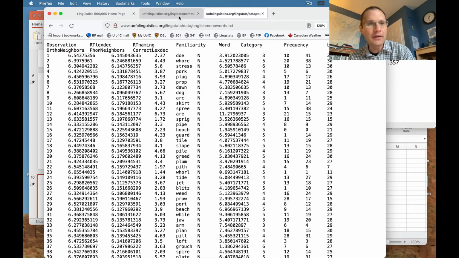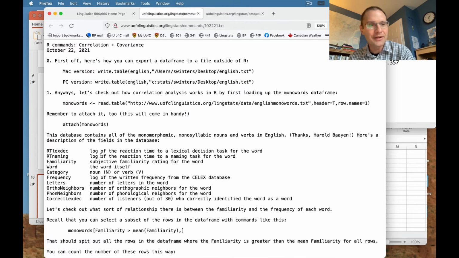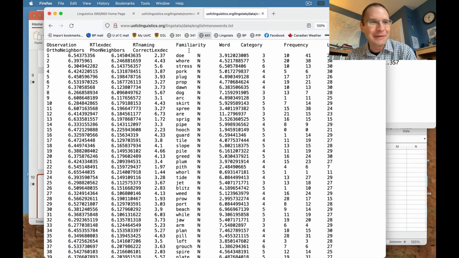And when I say log, that just means we're taking the logarithm of that reaction time. And if you don't remember what logarithms mean, don't worry about it because it's not going to matter for now. In fact, I don't even know if it's going to matter for the rest of the way. But either way, that's what they do. And the reason they do that is just to simplify the representation of the amount of variation in the reaction time, reduce it in terms of the scale they use.